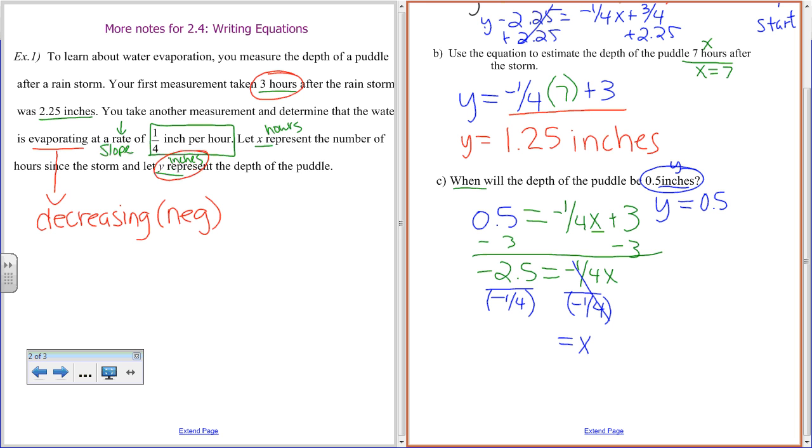So I have x is equal to, I'm even going to cheat and grab my calculator, negative 2.5 divided by negative 1/4. And I get 10. I need to figure out what 10 is. They're asking for when. I was solving for x. X is hours, so 10 hours is when we have that.